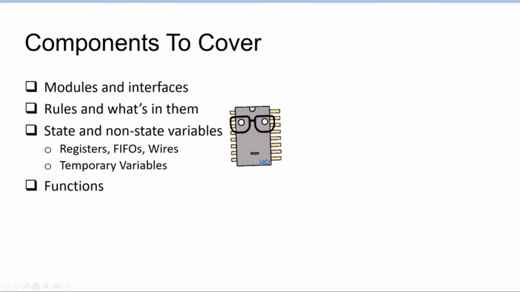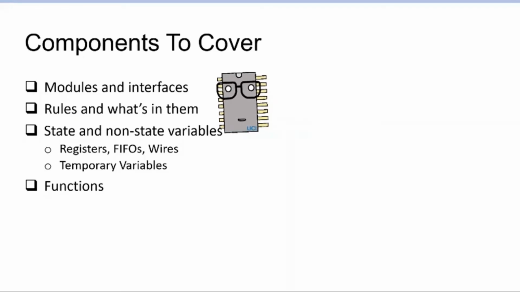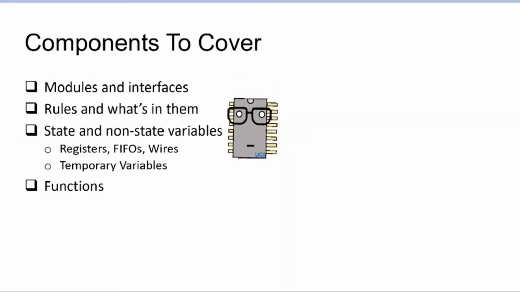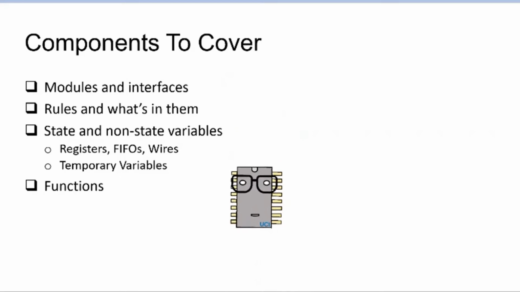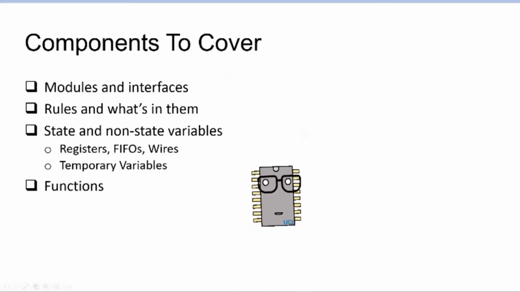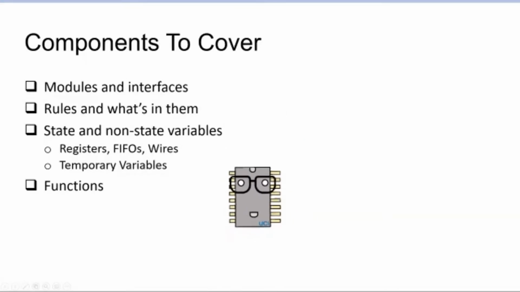This is pretty much the same stuff we talked about in the past couple of minutes. We're going to talk about modules, rules, and what's in them, state, and then a little bit about functions. I'm going to power through them as quickly as I can so that we can move on to the actual hardware design stuff.